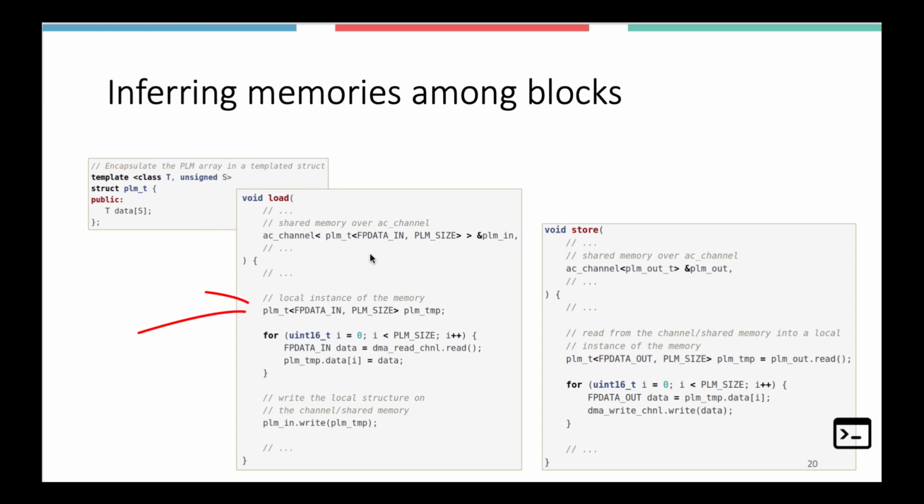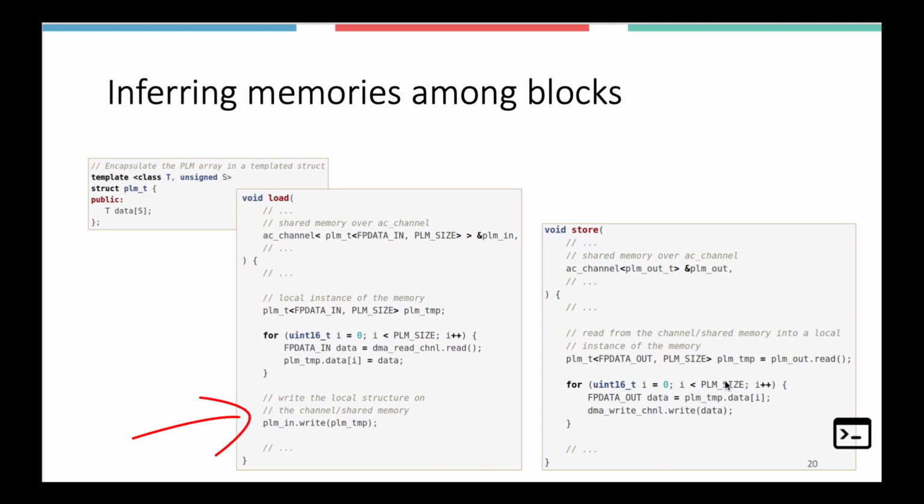For example, in the load function, when we transfer data from the main memory to the shared input PLM, we should declare a temporary version of the PLM, a local instance. We have to iterate over this local instance and read data from the DMA channel, and only finally write the local instance back into the PLM.